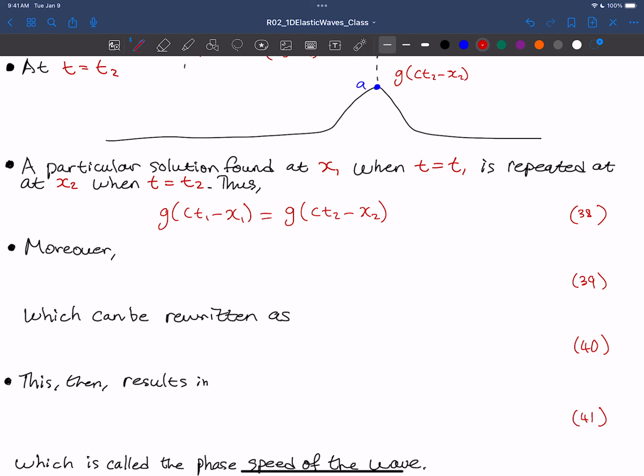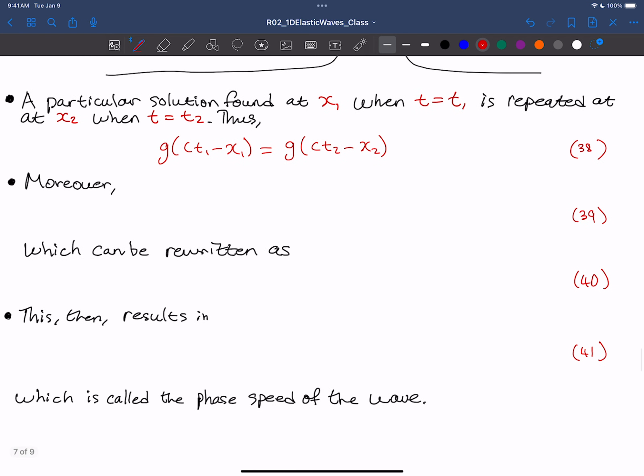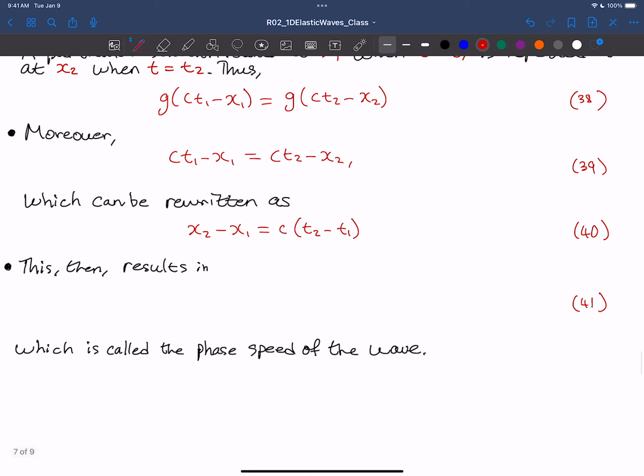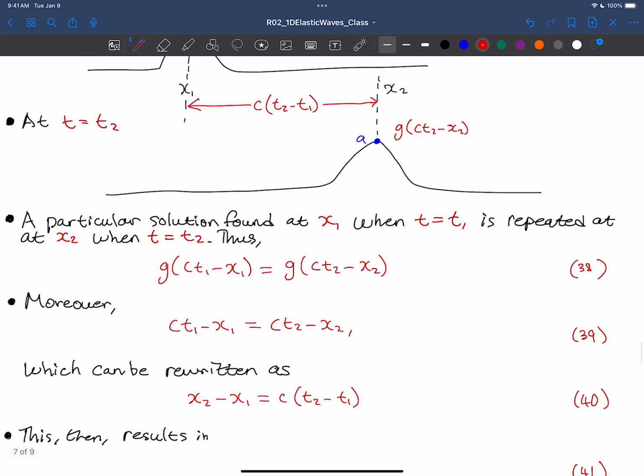Or, more importantly, that ct1 minus x1 is equal to ct2 minus x2, which can then be rewritten as the following. We can write this as x2 minus x1 is then equal to c times t2 minus t1, which is what we saw above shown here. And I've now drawn that in there.